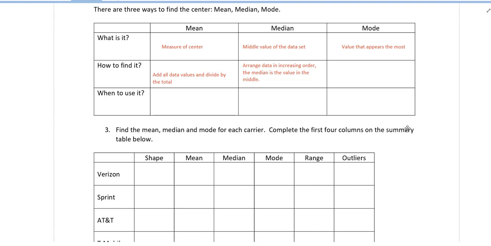For example, if I wanted to describe the home prices in Sacramento, I would want to use the median home price instead of the average home price, because the median gives me a better picture. It takes away those perhaps large home prices that are not representative of most of Sacramento.